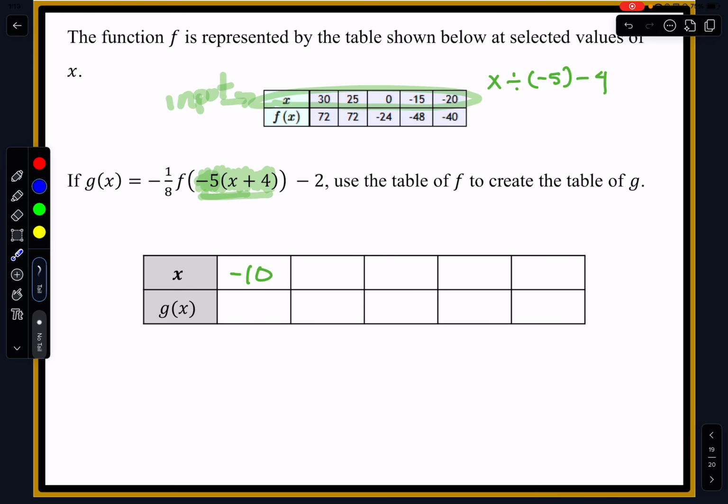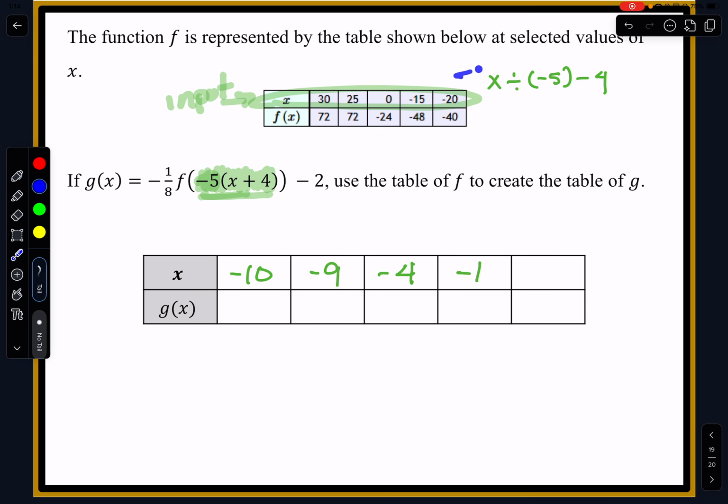Moving on with the second input value, 25. 25 divided by -5 is -5, minus 4, that is -9. 0 divided by anything is still 0, and then -4 is -4. -15 divided by -5 is +3, minus 4 is -1.